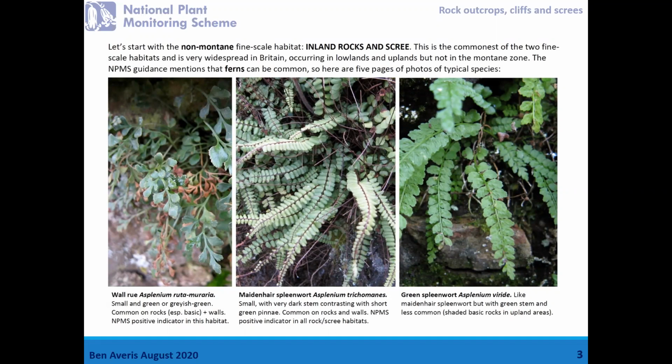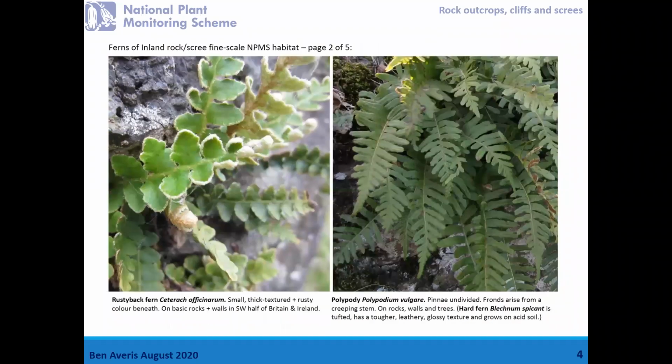The next slide has again some not massive ferns. The one on the left is actually going on from the previous slide where we had those spleenworts. The rusty back fern is in the same general shape and roughly the same sort of size as those spleenworts, long and thin with fairly simple looking pinnae up the sides, but it's got a much thicker texture and it's got a rusty colour underneath.